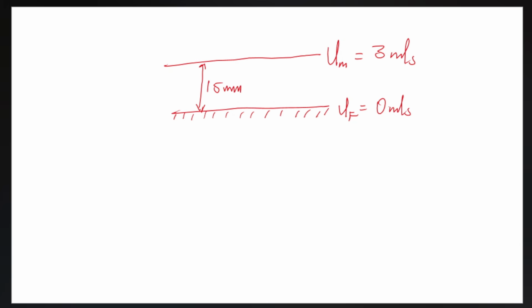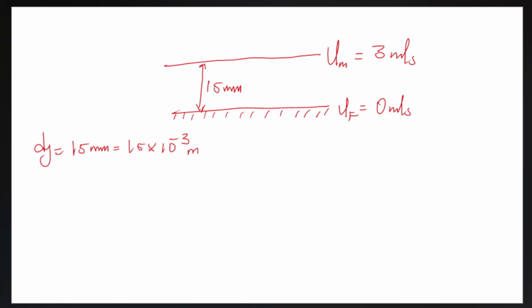So what you do is you convert your 15 millimeter to meter. Our dy here is given as 15 millimeter. If you convert that, you simply have 15 times 10 raised to the power of minus 3 meter. So you've succeeded in converting your millimeter to meter.